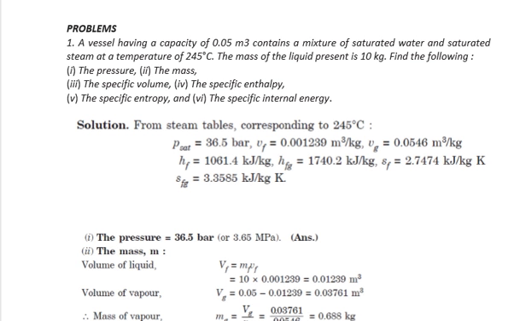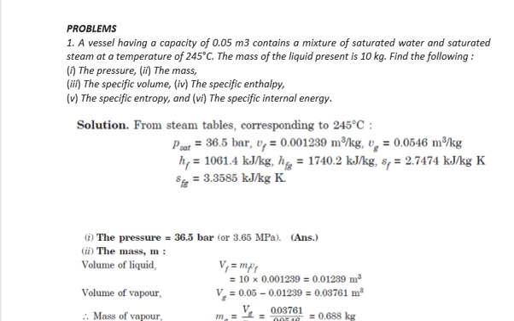So this numerical belongs to steam formation. A vessel having a capacity of 0.05 meter cube contains a mixture of saturated water and saturated steam, that is vapor, at a temperature of 245 degrees Celsius, and the mass of liquid is 10 kg.